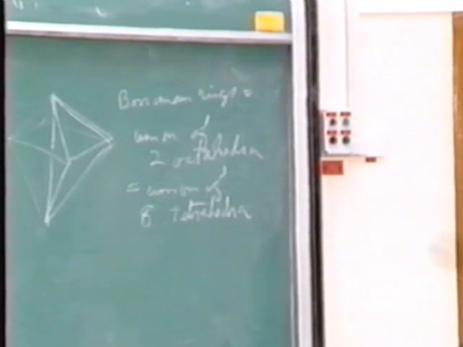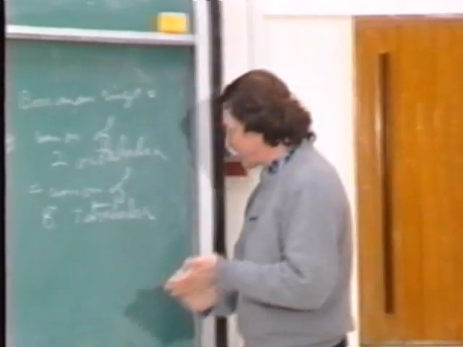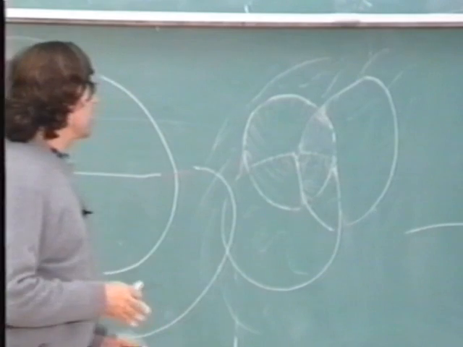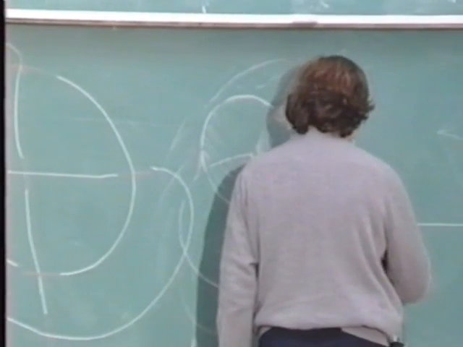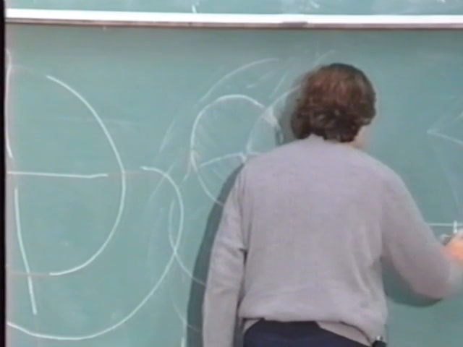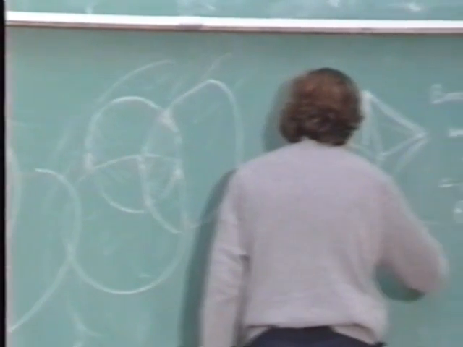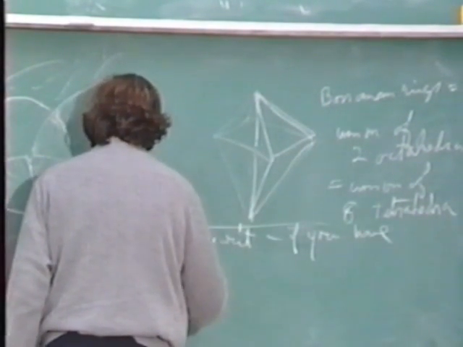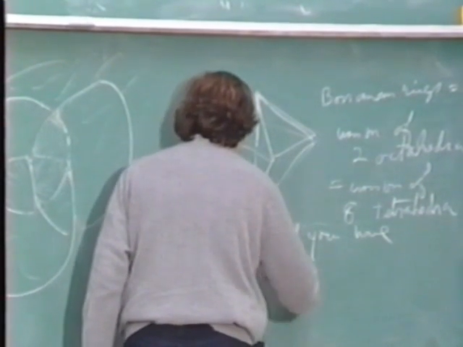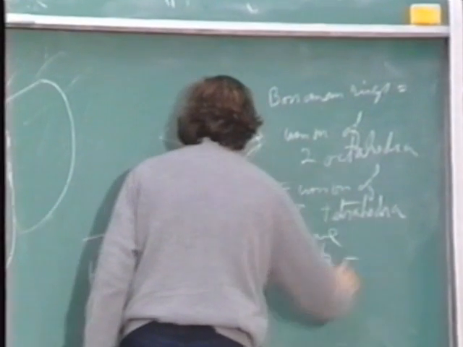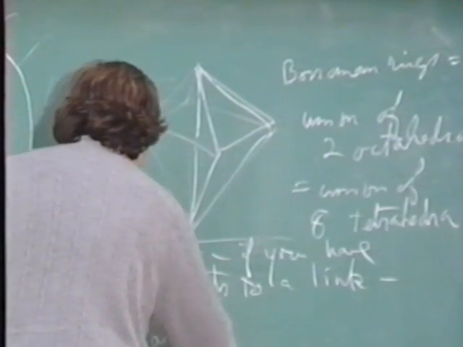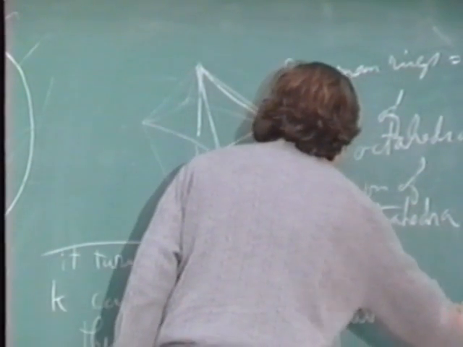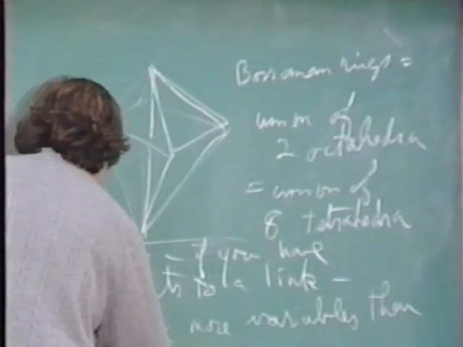Well, it turns out when you carefully count equations and variables, you find that, because of the Euler characteristic of a 3-manifold and various things, if you have k components to a link, there are k more variables than there are equations.